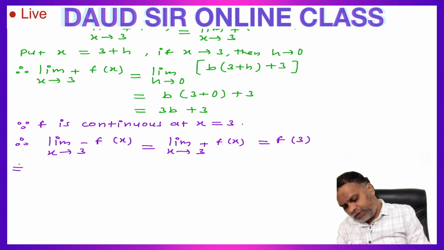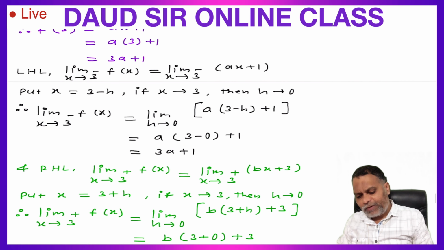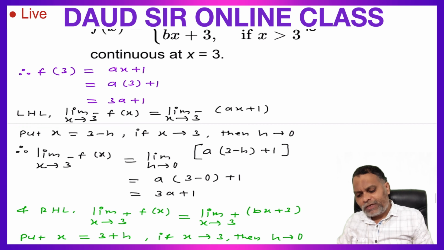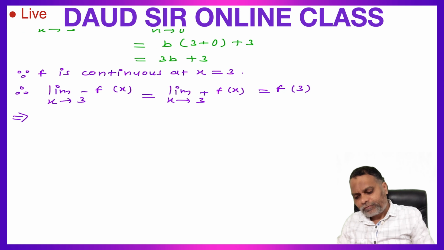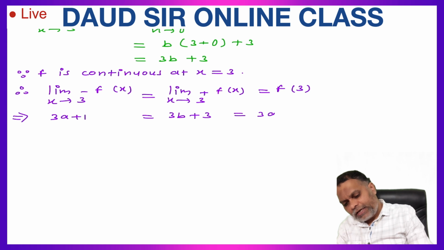Substitute all three values equal. Left hand limit 3a plus 1, right hand limit 3b plus 3, and f of 3 is 3a plus 1.